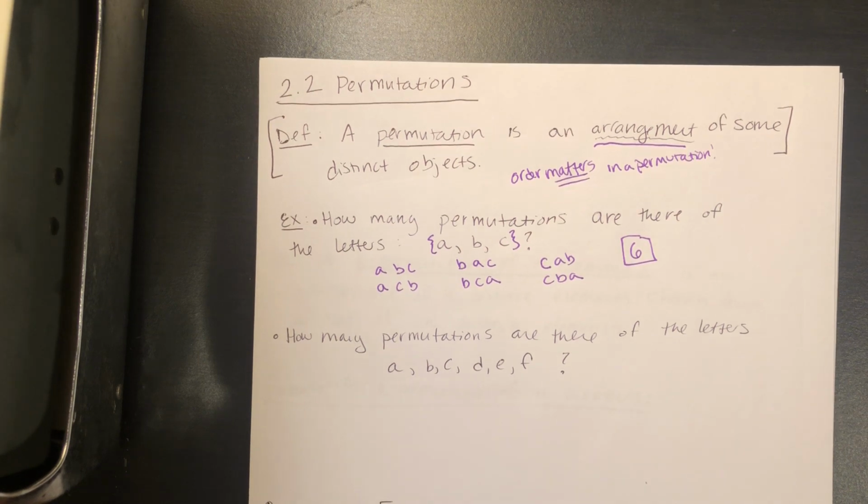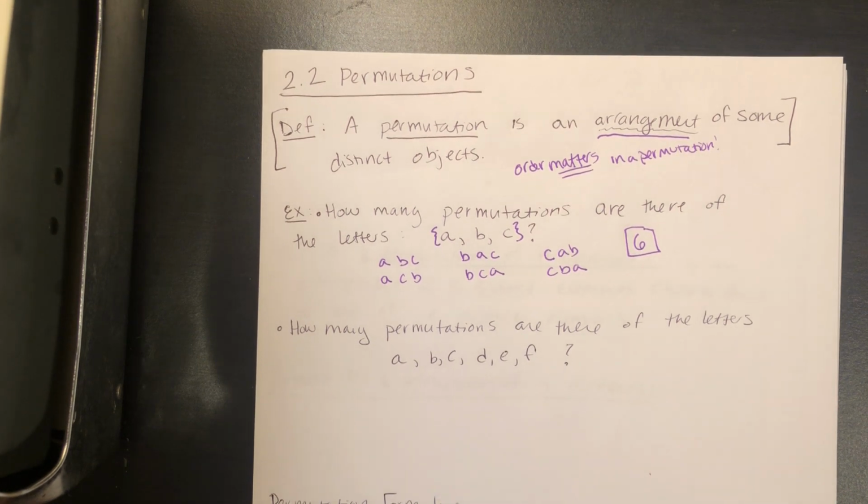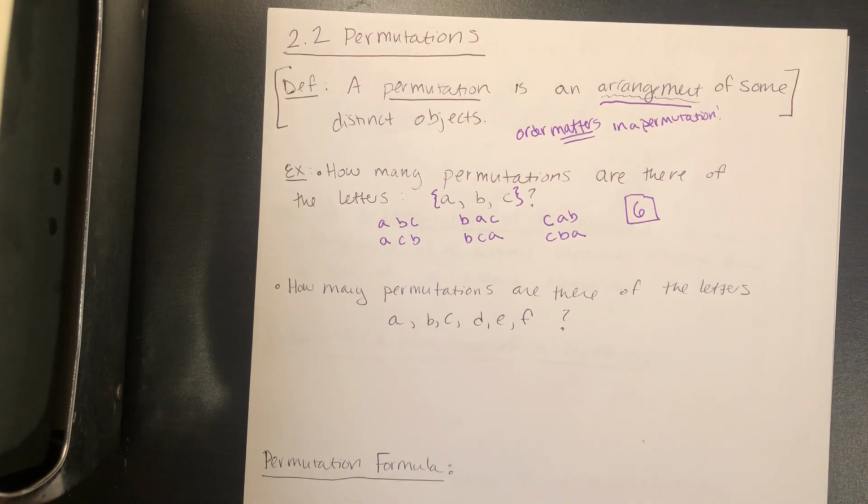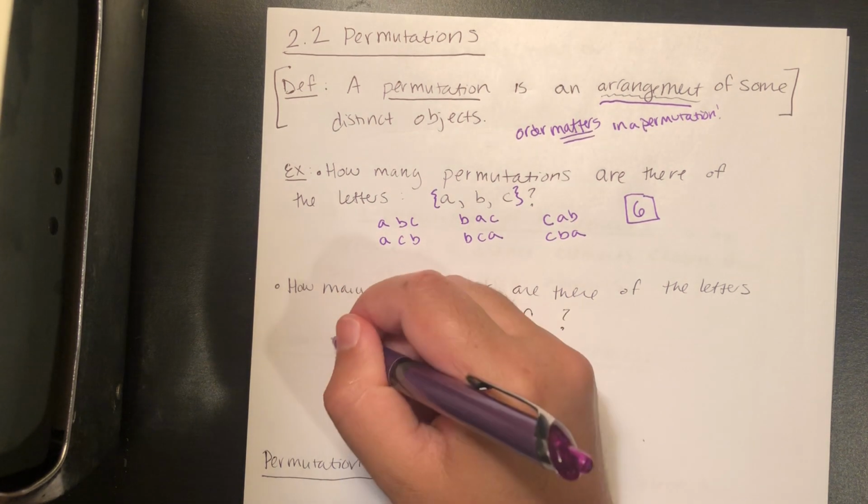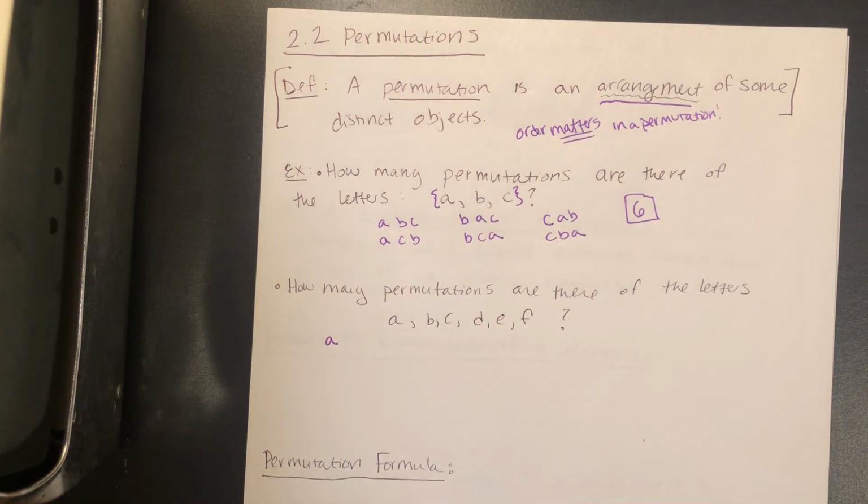Let's scale this up a little bit and look at a set of 6 different elements, A, B, C, D, E, and F. How many permutations are there in this case? Well, in the first case we listed out all the permutations that started with A. It's helpful to do this in some organized way so that we don't miss any. But even starting with just A, there's going to be a lot.